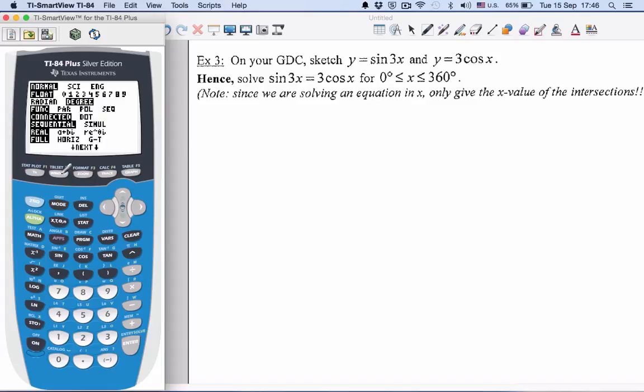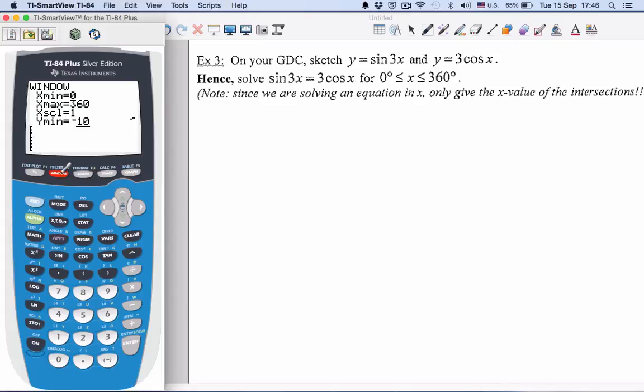Okay, so that's good. And then second thing is the window. The x value should go from 0 to 360. So let's do that. 0 to 360. Okay, and then I'm going to graph. All right, so you know it meets here and here.